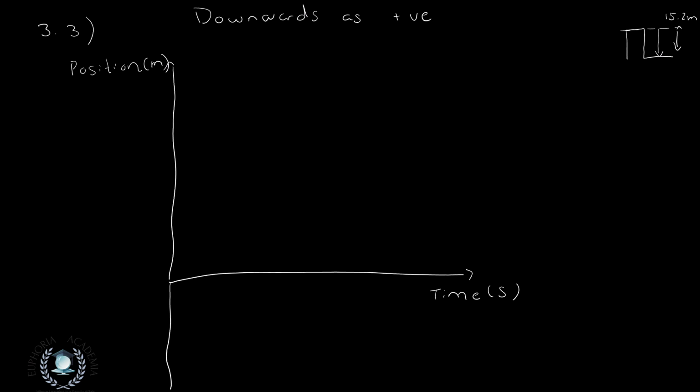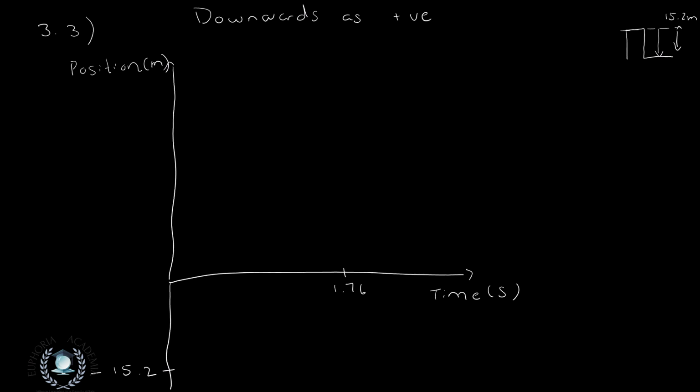But being above the ground when downwards is positive at a distance of 15.2 meters, up is negative in this case because downwards is positive. So that means at this position, this displacement of negative 15.2, that's where we are. Now it is dropped down, and it reaches the ground at a final time of 1.76 seconds.